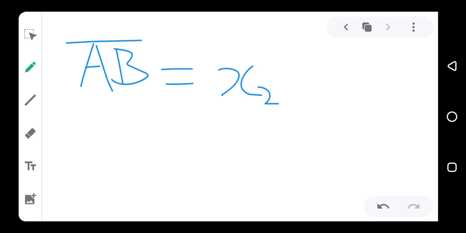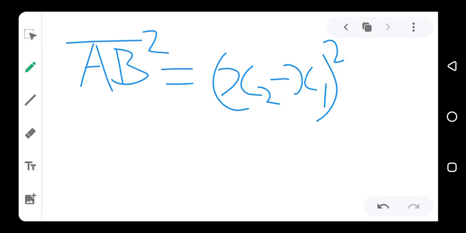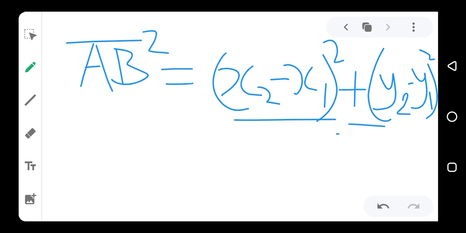So we can now use the Pythagoras theorem to find the distance between the 2 points by saying that the line AB, which is the line between A and B, squared is equal to x2 minus x1 squared plus y2 minus y1 squared, because these two lines are now the adjacent lines while AB is now the hypotenuse.